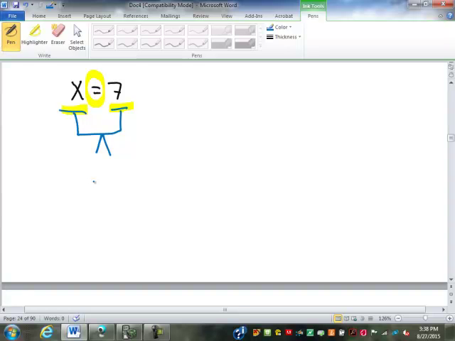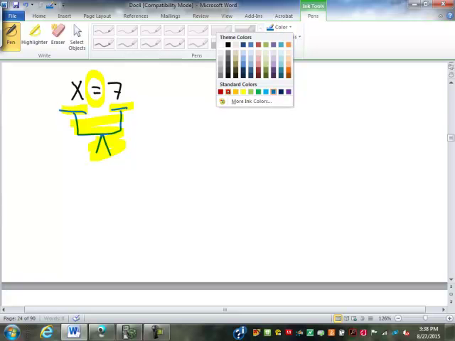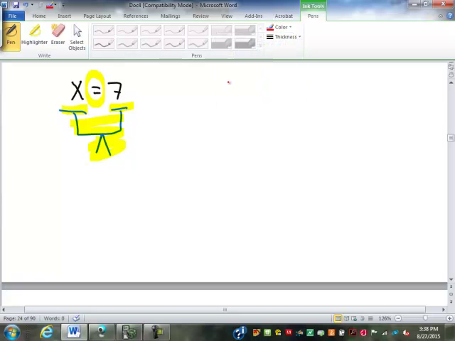Now, all equations start out in this form as a variable equals a number. And they're built up from there. But as we build them, we have to be careful to keep this scale balanced. So let's look at what we might do to build on to this equation. One thing we might do is add to it. So let's add 4.